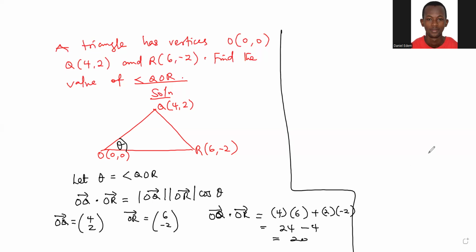So now the magnitude of OQ is the square root of 4 squared plus 2 squared, which 4 squared is 16, 2 squared is 4, giving you square root of 20.